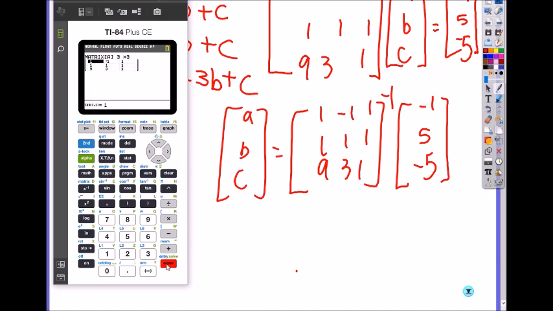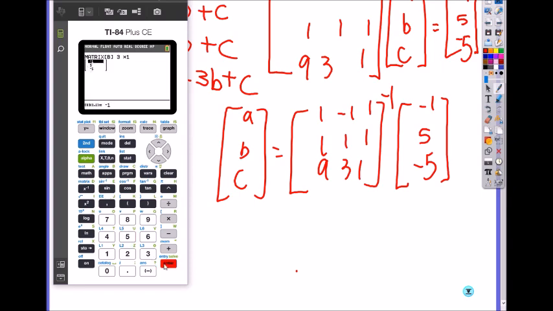That's your first matrix. What's the second matrix? 3 by 1, right? Go to second matrix, edit letter B, 3 by 1, and it is negative 1, 5, and negative 5. So what do we need first?